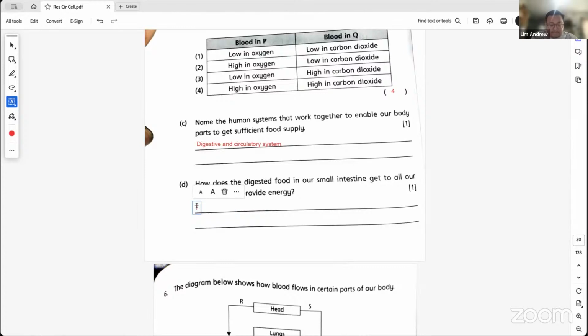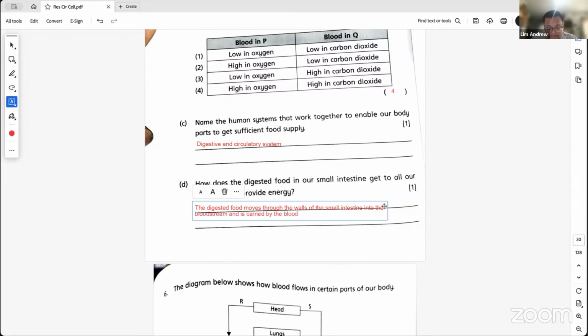First, you have to mention one thing, the subject. So the digested food, in our small intestine, moves through the walls of the small intestine into the bloodstream and is carried by the blood.